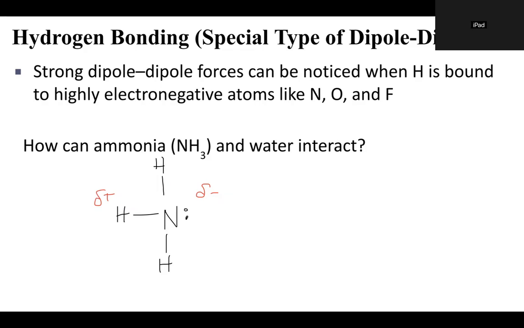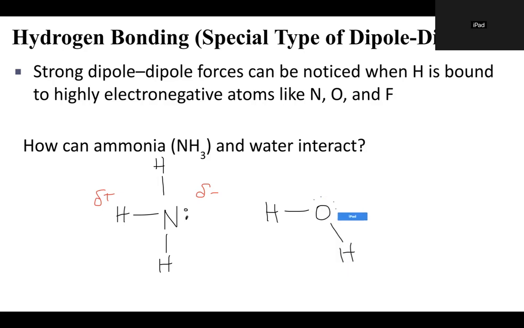Now, if we had an ammonia molecule next to a water molecule, the water molecule would want to arrange itself so the partial positive end is closest to the partial negative end of the ammonia. So if I wanted to draw this in, we could draw it like this. I know the hydrogen end of water is going to be more partially positive because we have a lot of experience looking at the polarity of water already in our class.